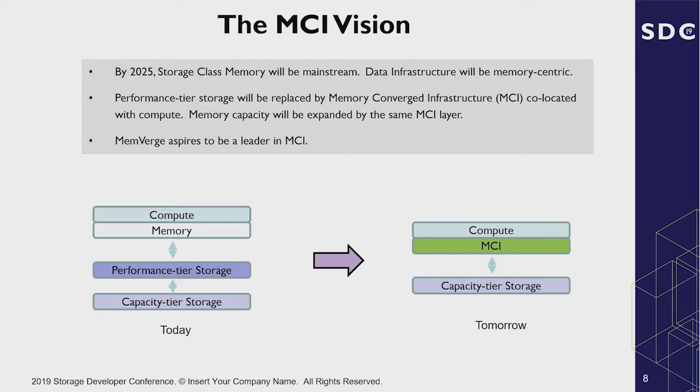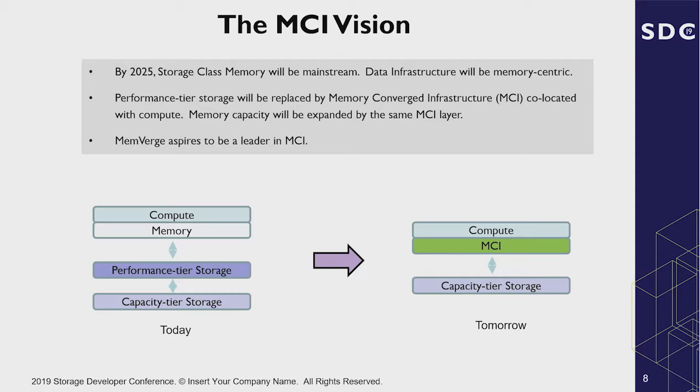So as you see, our product has DRAM, SCM, and SSDs, and those are NVMe SSDs. How we manage those three tiers is we use DRAM and SCM to enable the memory services, and we use SCM and SSD to enable the storage services. So we have a two-tier design to enable the storage services underneath the MCI.